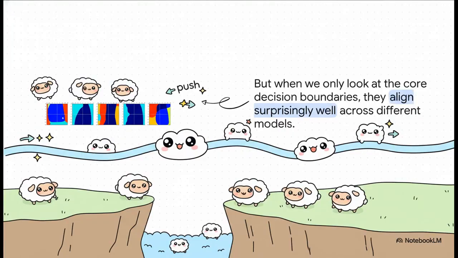But check out what happens when we just look at the most important part: the boundary line between a correct answer and an incorrect one. Suddenly, you see the first huge clue. These borders, these cliffs, where a decision flips from one thing to another, are in roughly the same place for all these different models. This is exactly why non-targeted attacks transfer. A tiny push that sends an image over the cliff for one AI is super likely to send it over the same cliff for another.